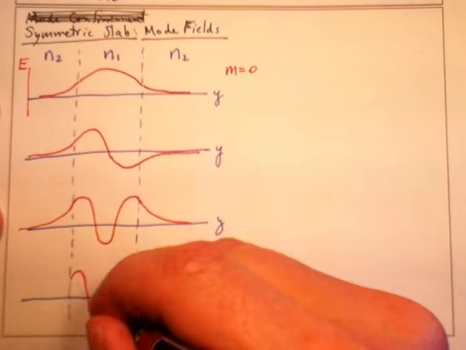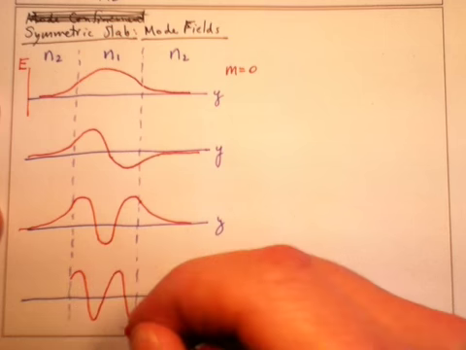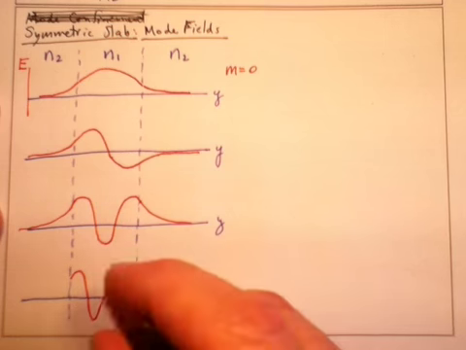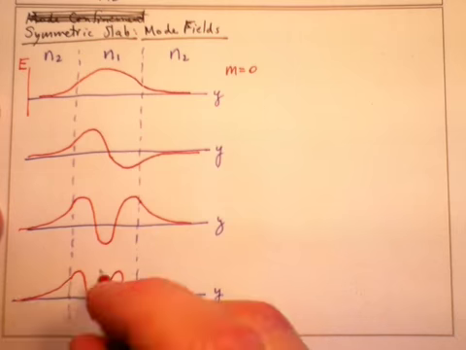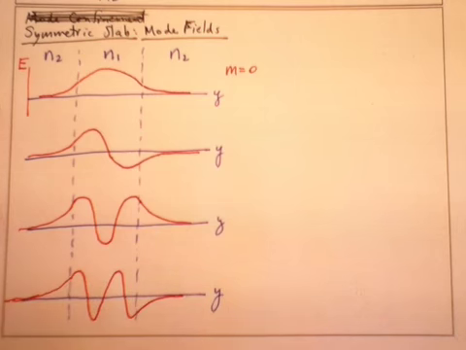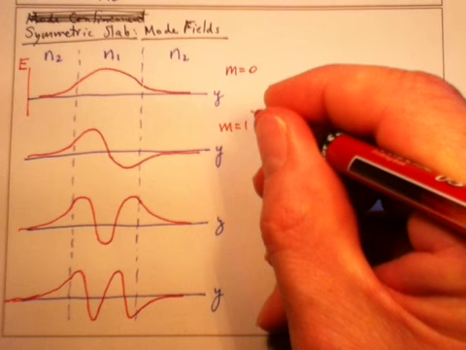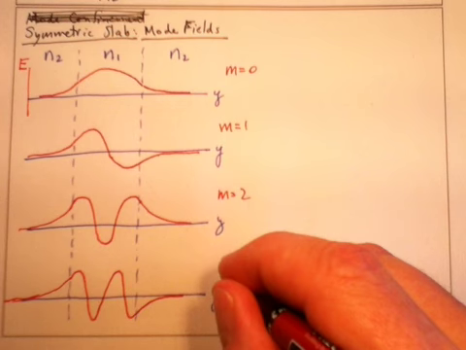and finally, if I can draw it, a higher order mode that looks like this. Hopefully this is very reminiscent of the modes on a guitar string, and there are many problems in physics which lead to the same type of things.